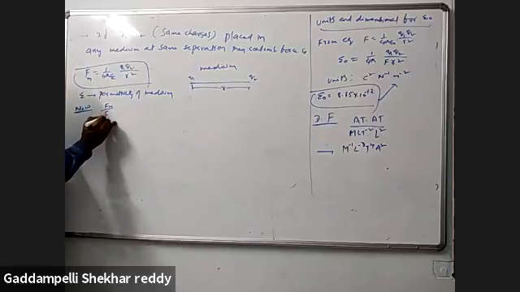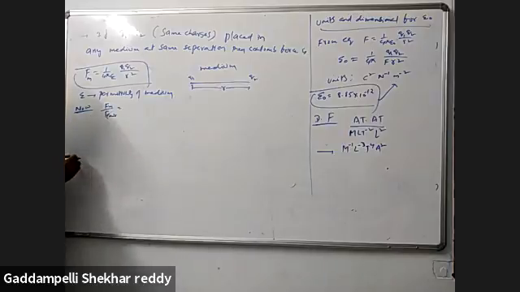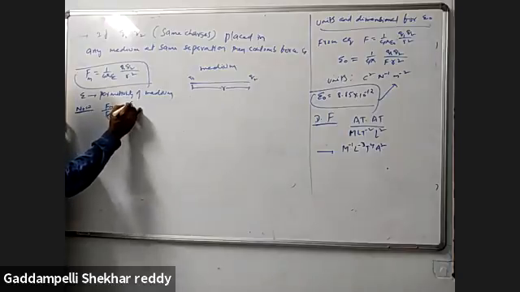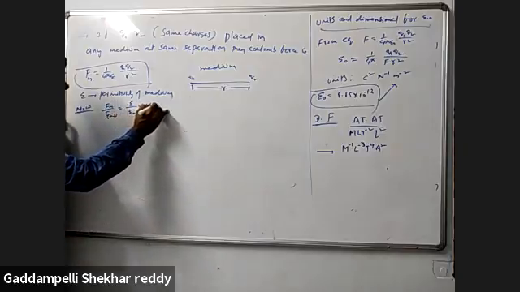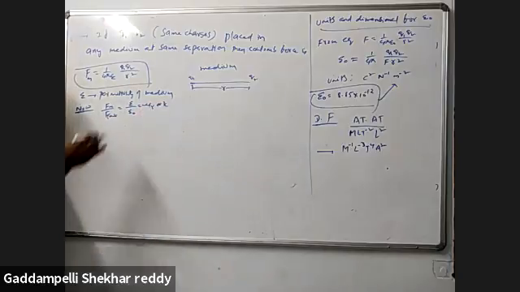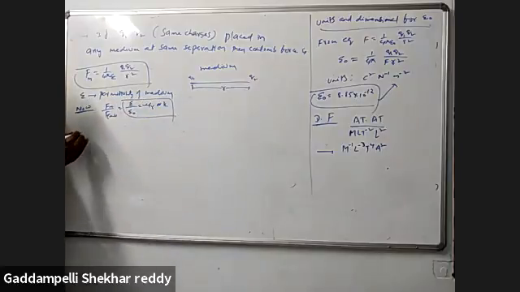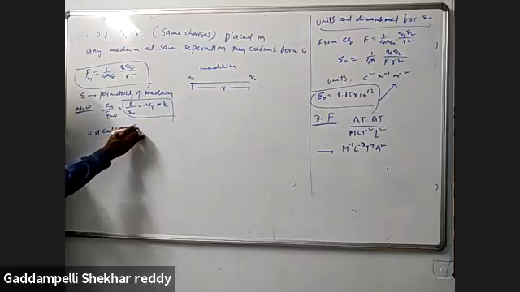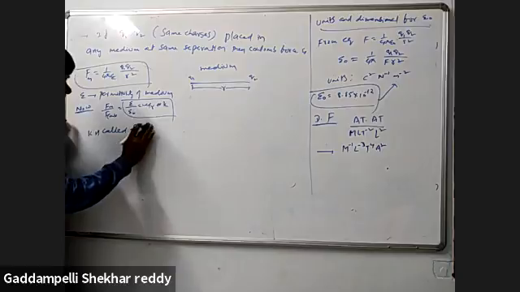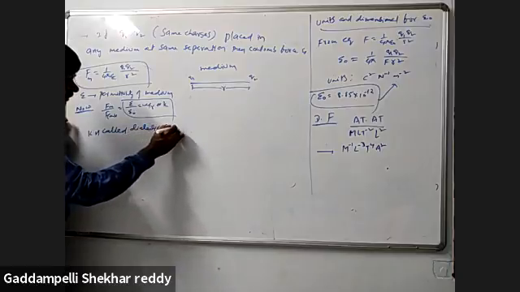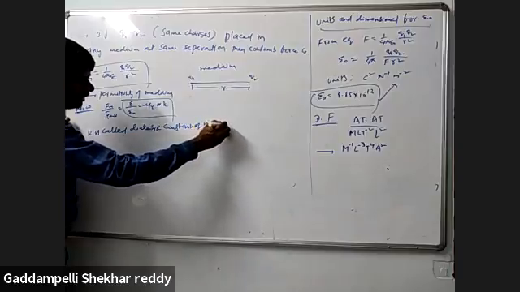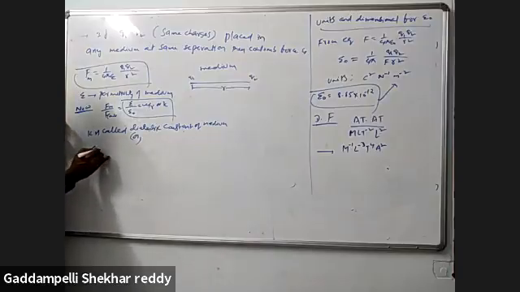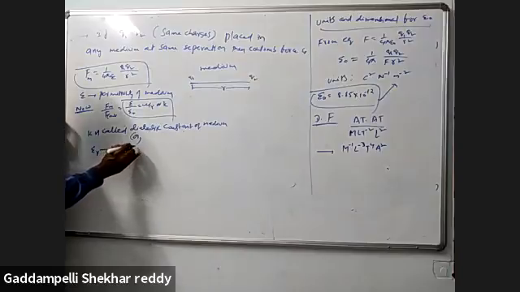Now F medium by Fa, after simplification, we get epsilon by epsilon naught, that is equal to K, where K is called the dielectric constant of the medium, or another definition, epsilon r, the relative permittivity.